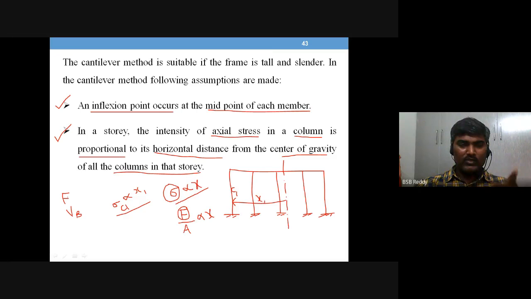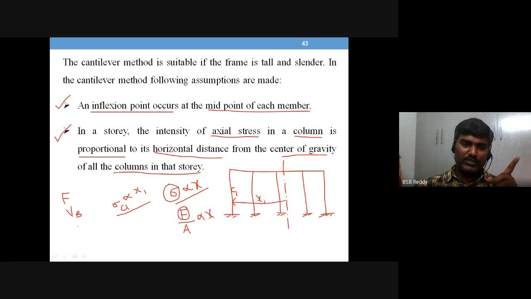Once you know, just reverse it. You think in a reverse manner. In the portal method, you know column and beam shear, and from beam shear you calculated column axial load. Now it is reverse here. You know column axial load first. You are going to get all column axial loads first. Then the very next step is to calculate beam shear.